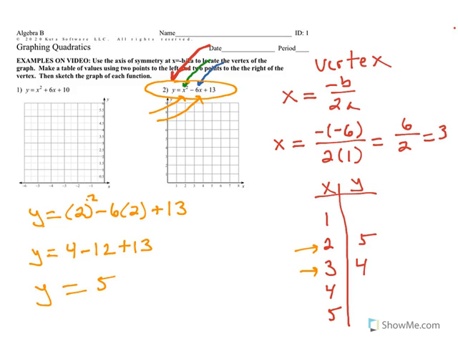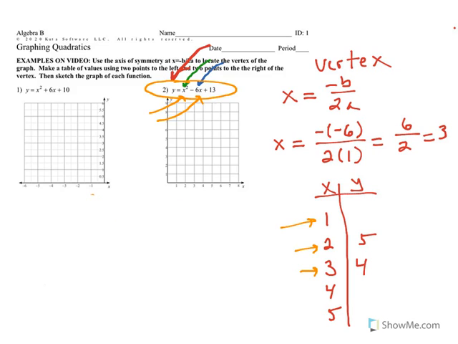And let's do where x is 1. So y equals, put a 1 in for x, so 1 squared minus 6 times the x value, which is 1, plus 13. 1 squared is 1, negative 6 times 1 is negative 6, plus the 13.